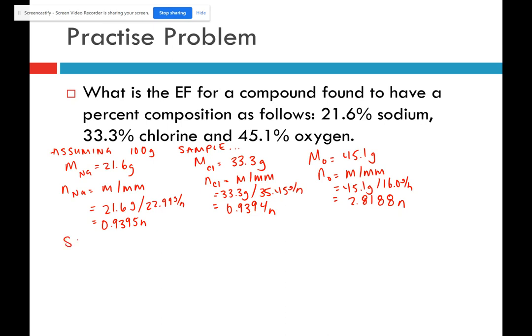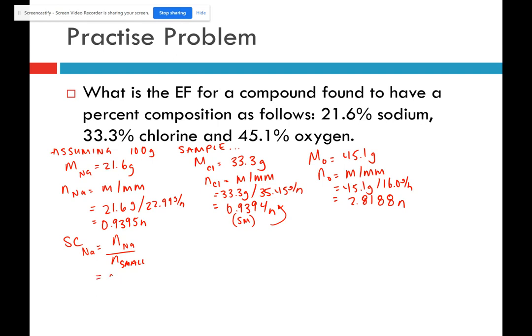So now we have to figure out our subscripts for each of these 3. So the subscript of sodium is going to be my moles of sodium divided by the moles of whatever is the smallest number. So we have 0.9395 and 0.9394 and 2.81. So this one's our smallest. So we're going to divide everything by this number.